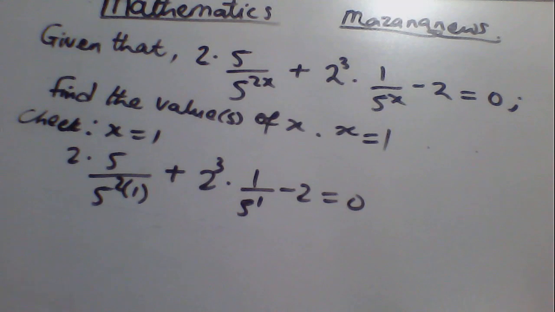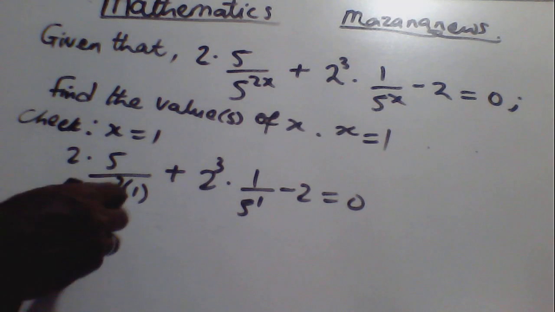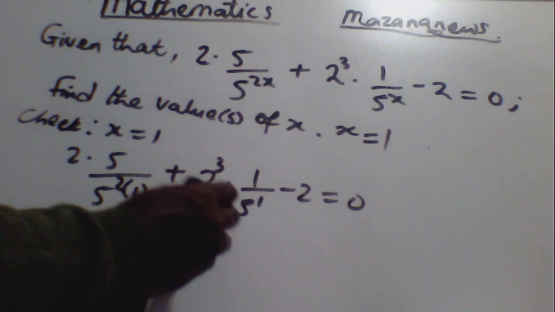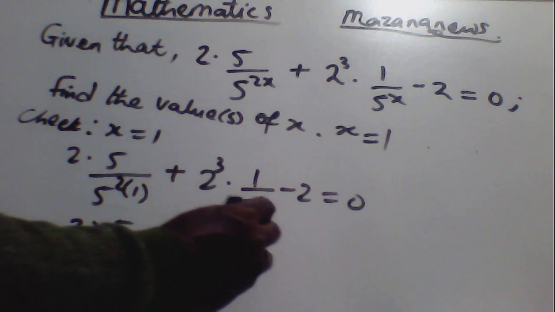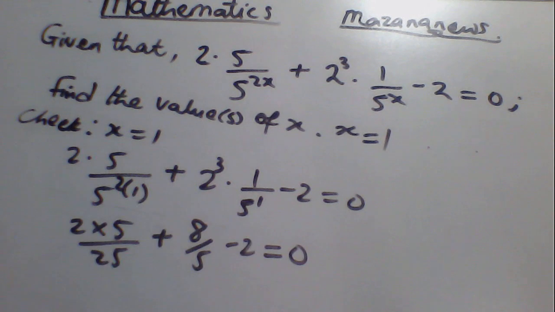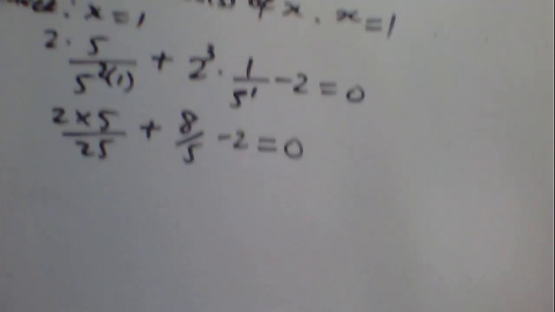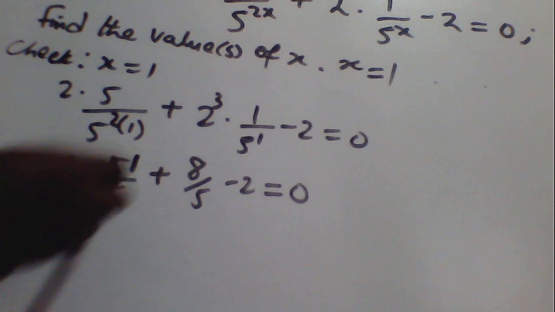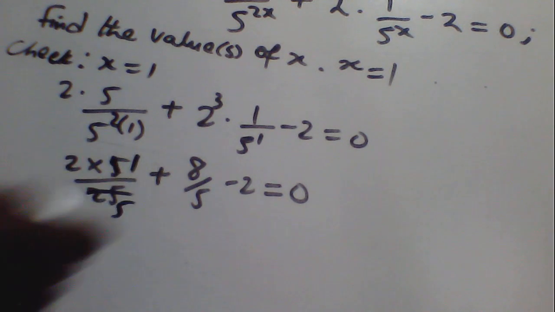So from here you have 2 times 5 divided by 25, plus 8 over 5, minus 2, is it equal to 0? You can simplify further. 5 can cancel out to give us 1, and 5 cancel this gives us 5.